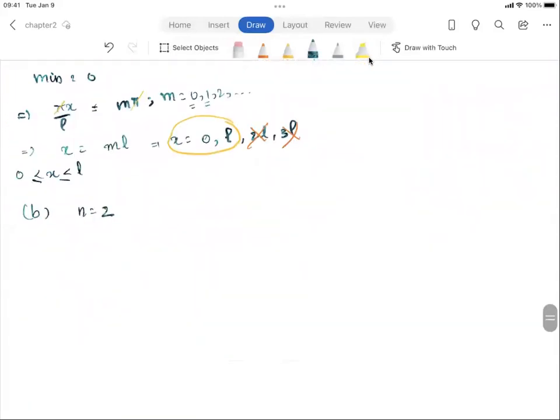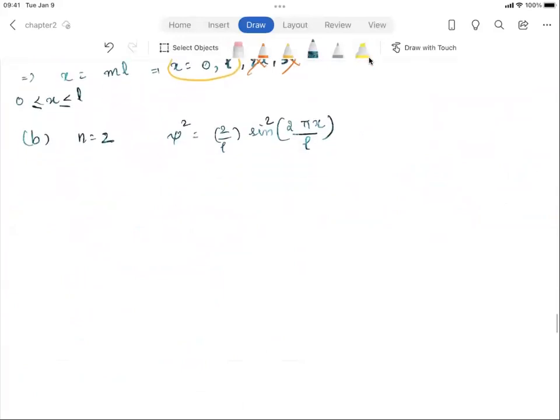When n is equal to 2, the wave function is going to be, we know n is 2, so I'm going to write 2 pi x over L. Right, again, so the maximum value is going to be 1, and that implies 2 pi x over L is going to be n pi over 2, where n is an odd number, 1, 3, 5, 7, and so on. Right, now canceling out pi on either side, x will be nL over 4.